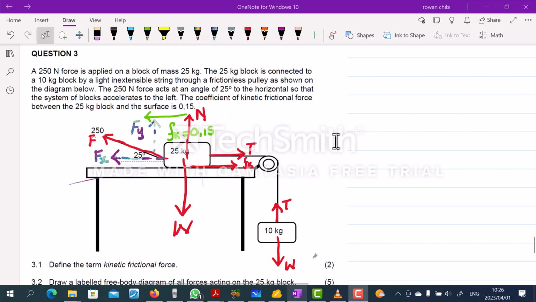Question 3.1 says, define the term kinetic frictional force.